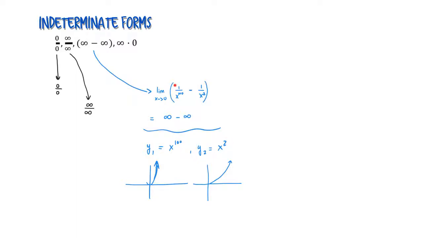So when we look at it in terms of a fraction, since the denominator is going to zero faster for x to the 100 than for x squared, the entire ratio in the first case is going to infinity faster than the second ratio.